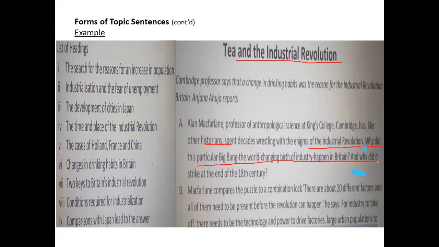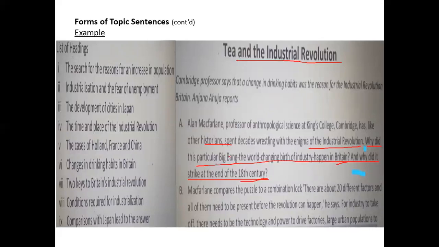And why did it strike at the end of the 18th century? That is the major thing. So this paragraph is talking about the history of industrial revolution, where it happened and when.